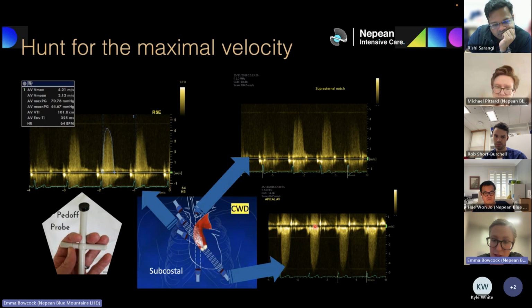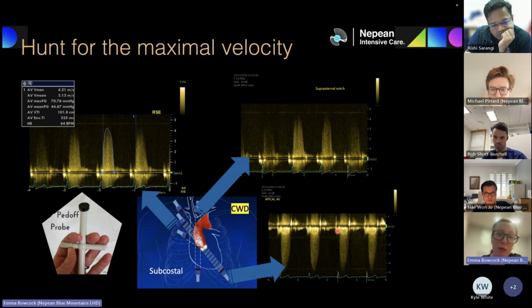And then this is the apical. You can still use the PDOF in your apical windows as well. The problem with this apical one, when you're using the PDOF, is that you can actually pick up the mitral regurg. And if you don't know what you're looking at, in terms of not including the isovolumic periods, I've seen people get confused and call the mitral regurg jet AS, which is obviously bad because it's often 5 meters per second, right?